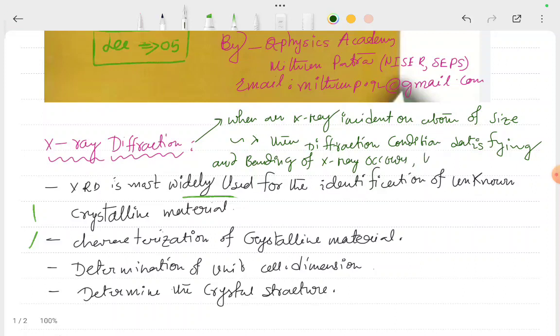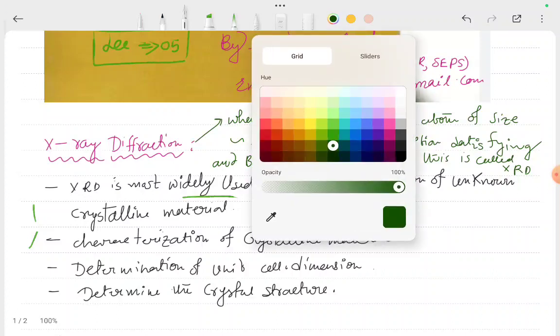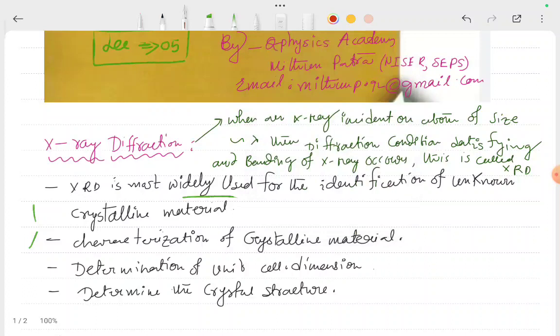This is called XRD. XRD means X-ray diffraction. So this is the definition. I just made it clear here. What is the meaning of X-ray diffraction?